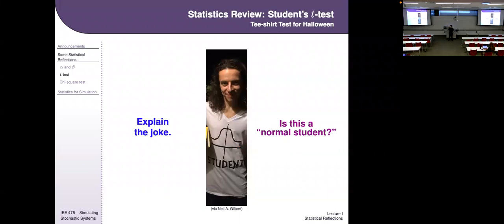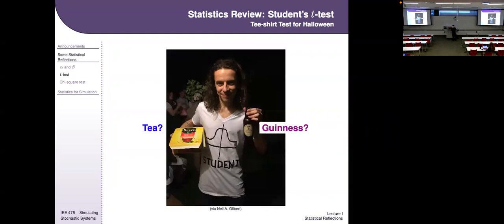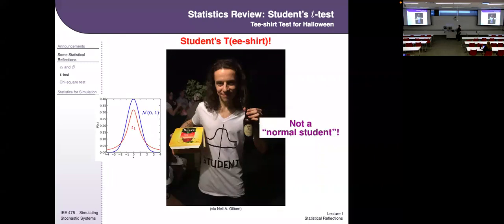It's a t distribution, so it's not normal. And likewise, in this particular picture, this student carried around a box of tea all night and had a bottle of Guinness as an homage to the test and to the company that gave us the test. So hopefully that makes sense. Now when you see things that are bell-shaped and have fat tails, your head should go to t distribution, not normal distribution. All right, so Student's t-shirt, not a normal student.